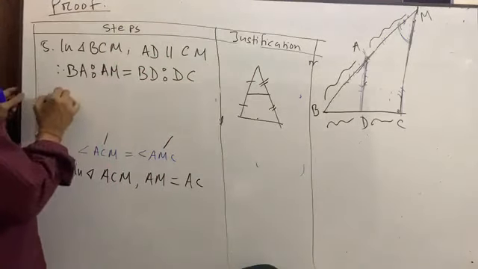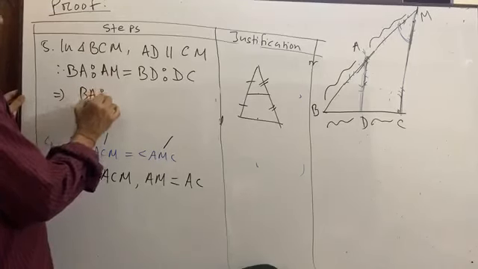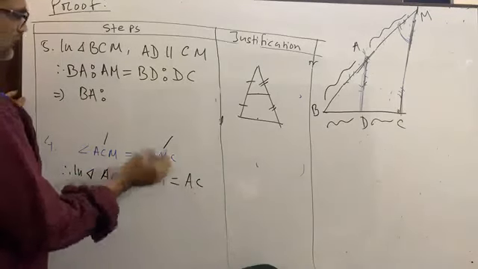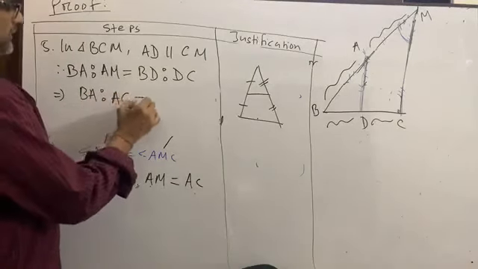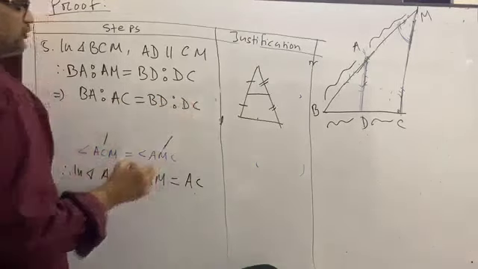Or what is AM? Can you tell me what is AM? AM equals AC times BD by DC, that is BD by DC.